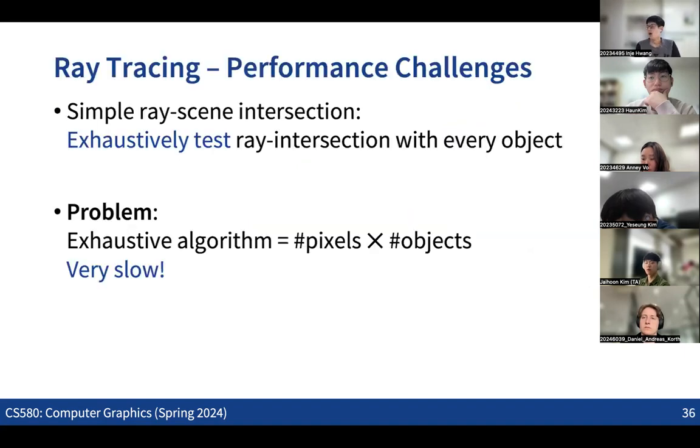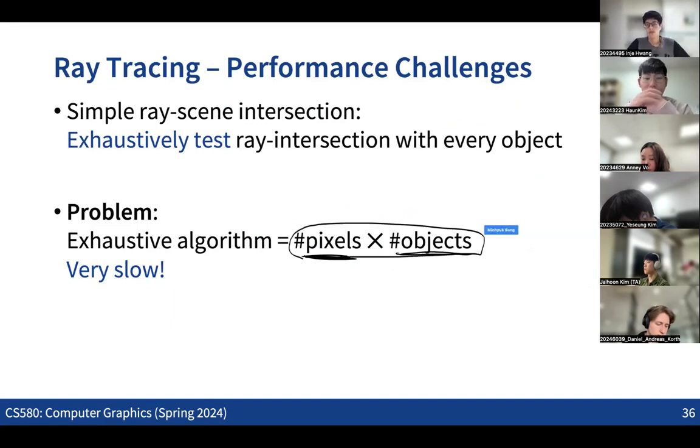Because what we end up doing in a ray tracing system is that for every single pixel, and every single object, for all these combinations, we need to check the intersection. So depending on the number of rays, basically the number of pixels, and the number of objects in the scene, this computation will be extremely heavy.